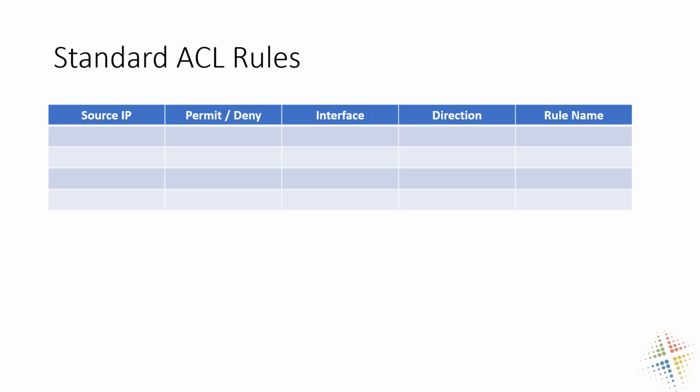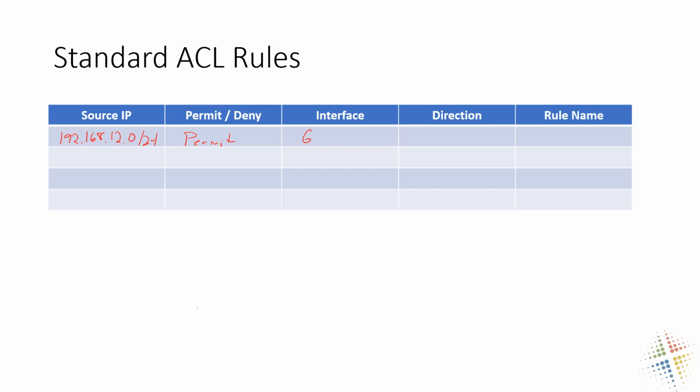So when we look at our access list rules or our table, the table gets much more simplified. In this case, we'd just have our source IP, 192.168.12.0/24. And then do we want to allow or deny? Sure, let's permit. And then which interface?